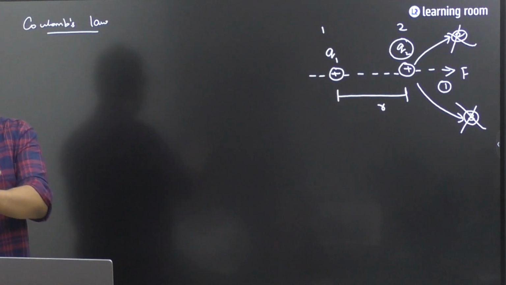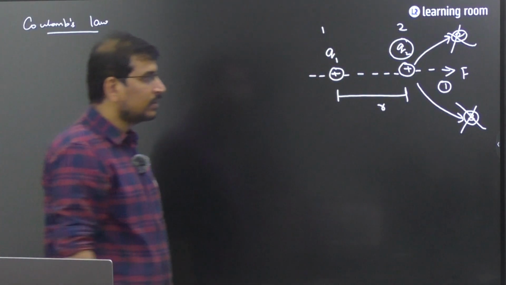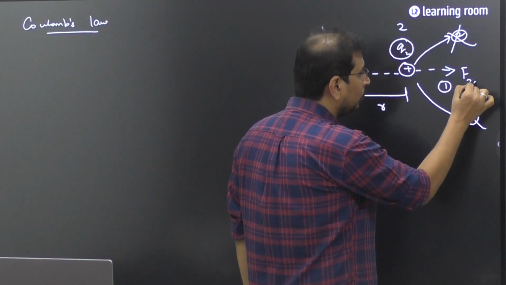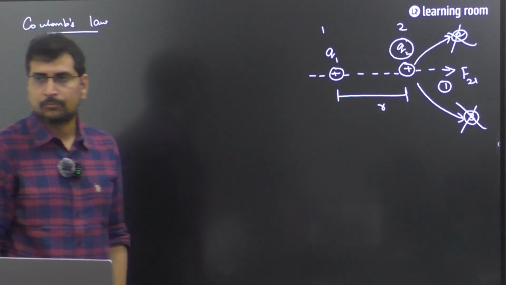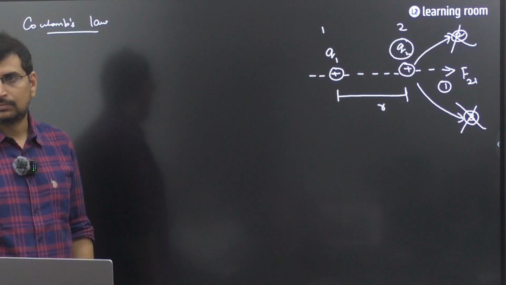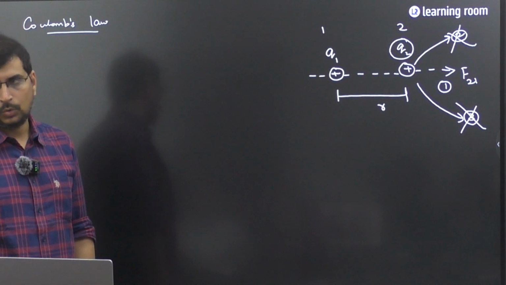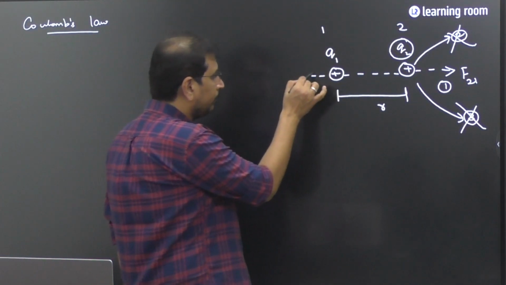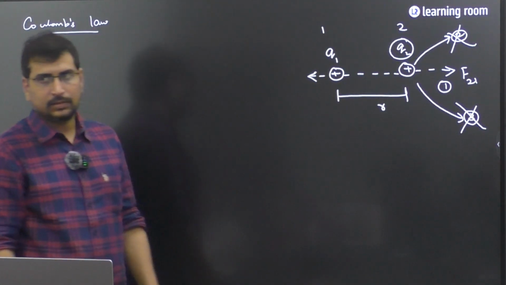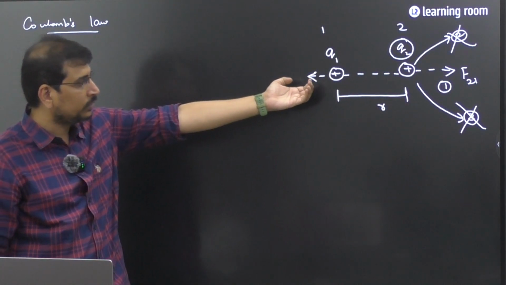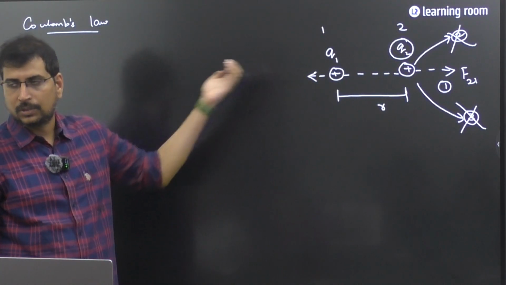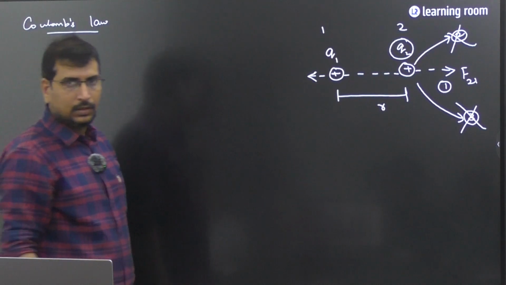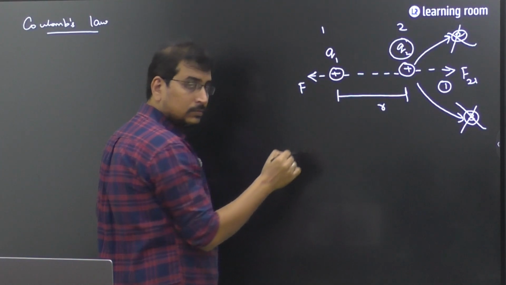So I need to give a small subscript to it. I'll write it as F21. Are you able to understand the notation? Similarly, the force experienced by the first charge will be in the leftward direction, and it will be F12.